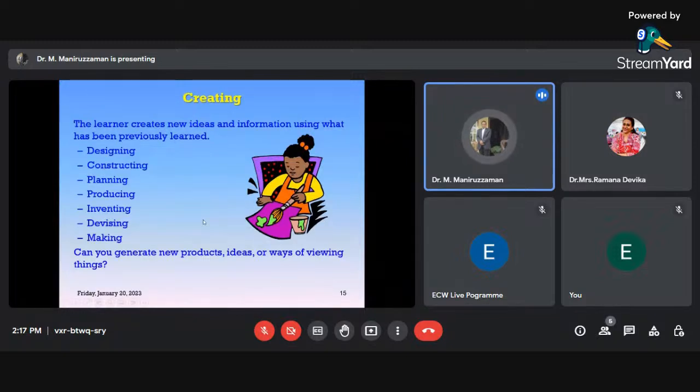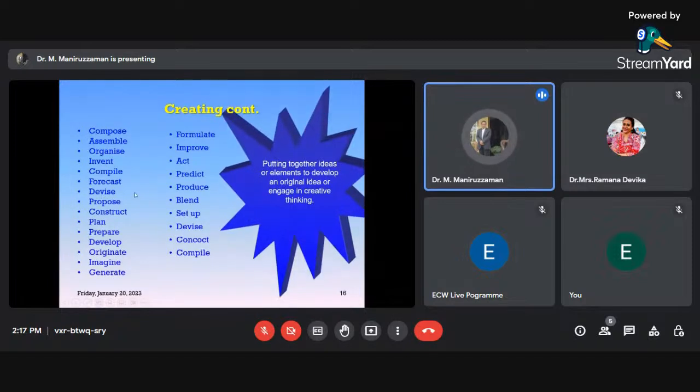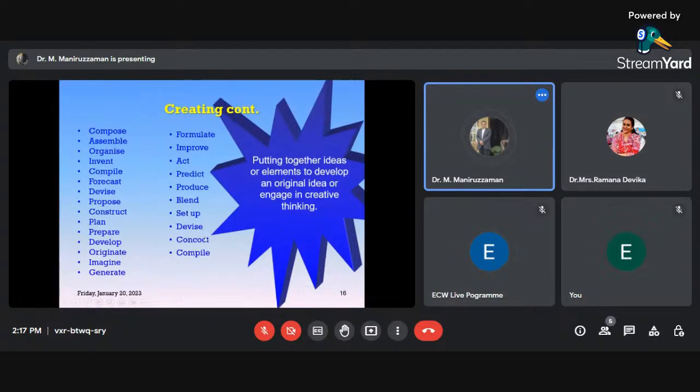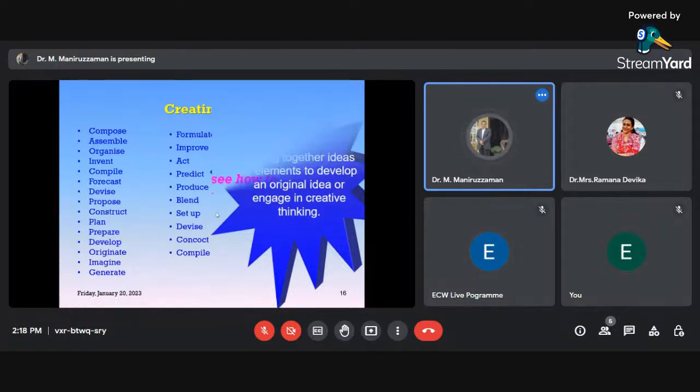For expressing creating, there is a list of action verbs. These action verbs are very important for writing program goals or objectives, course objectives, everything.